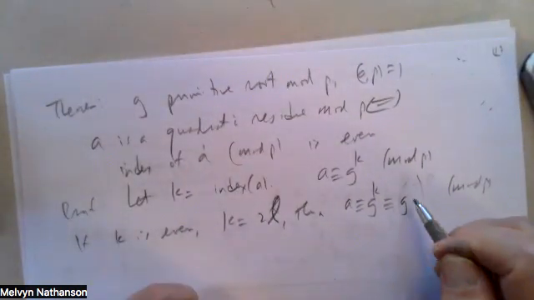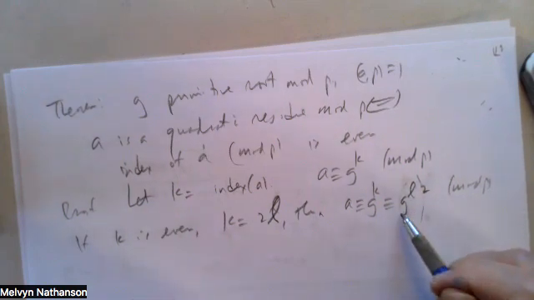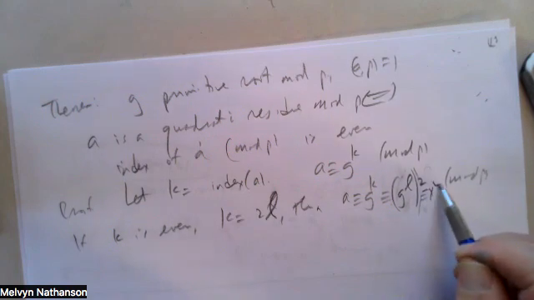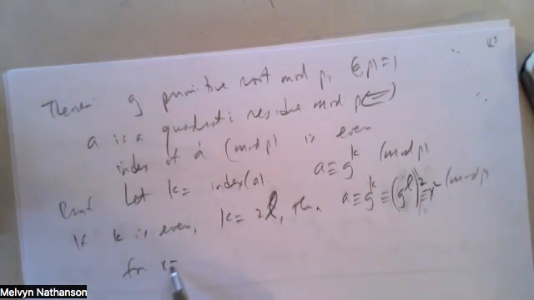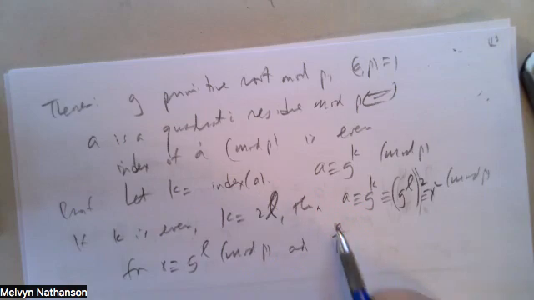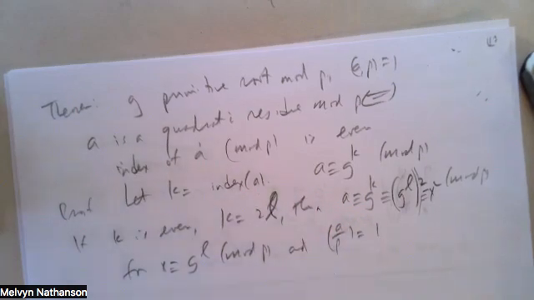K is L times 2, so this is G to the L times 2, which is G to the L, squared, which is X squared, for X congruent to G to the L mod P. So if the index of A mod P is an even number K, then A is a quadratic residue, A over P is plus 1. Right?